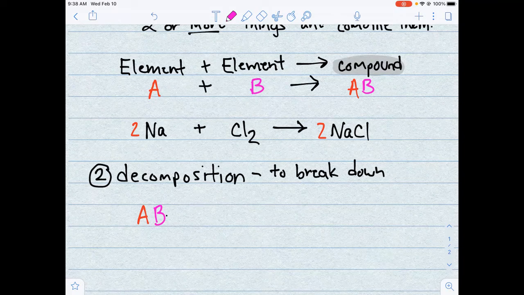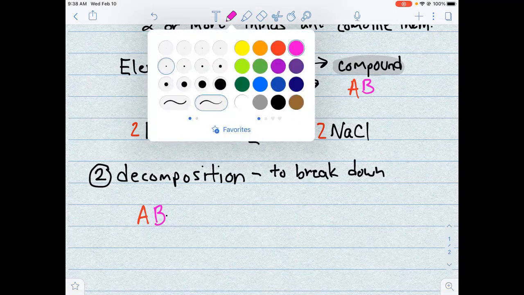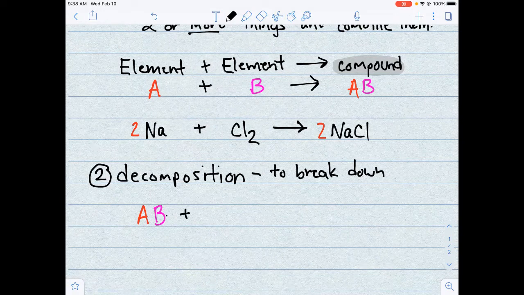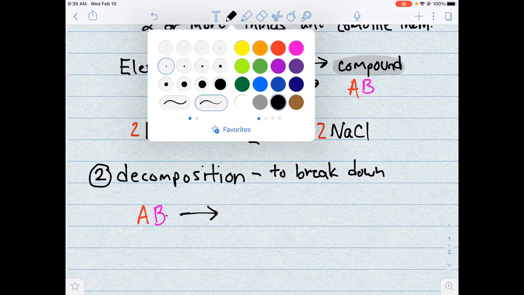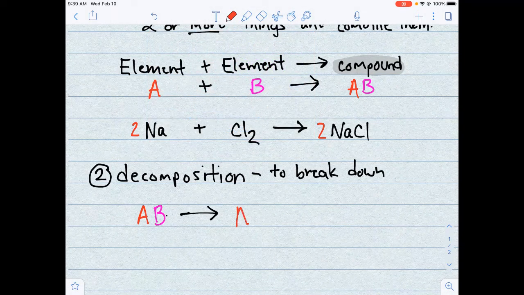We're starting off with only one thing, and then we end up breaking it down into its individual components. So in this case, we have AB breaking down into A plus B.